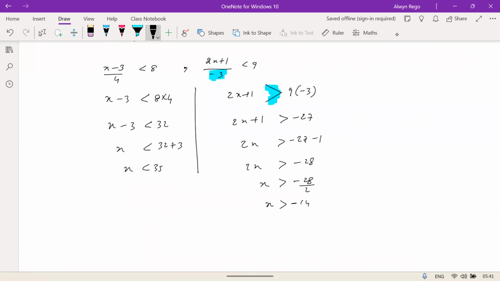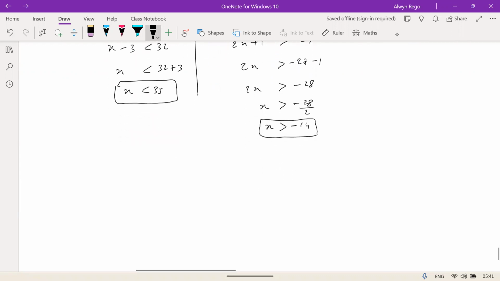Satisfying both the conditions, x must be less than 35 and x must be more than negative 14. So I can say the value of x must be more than negative 14, and it must also be less than 35.